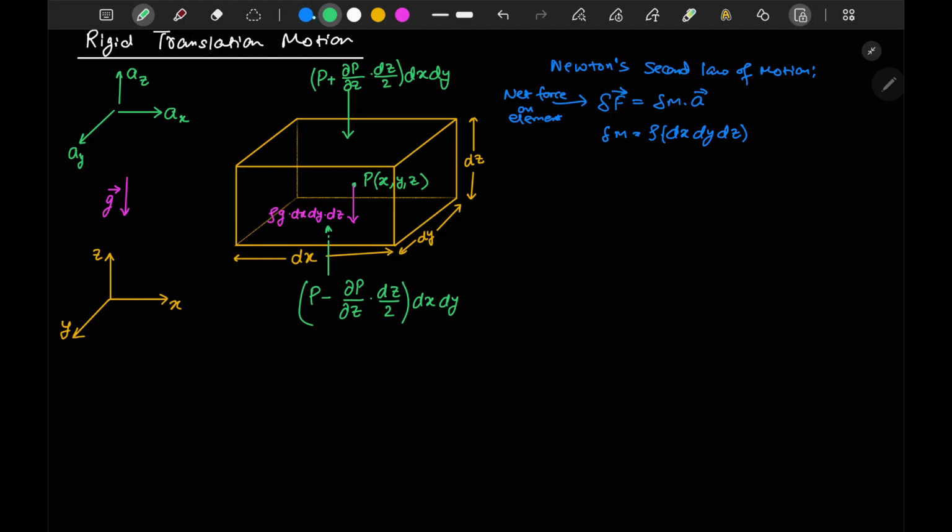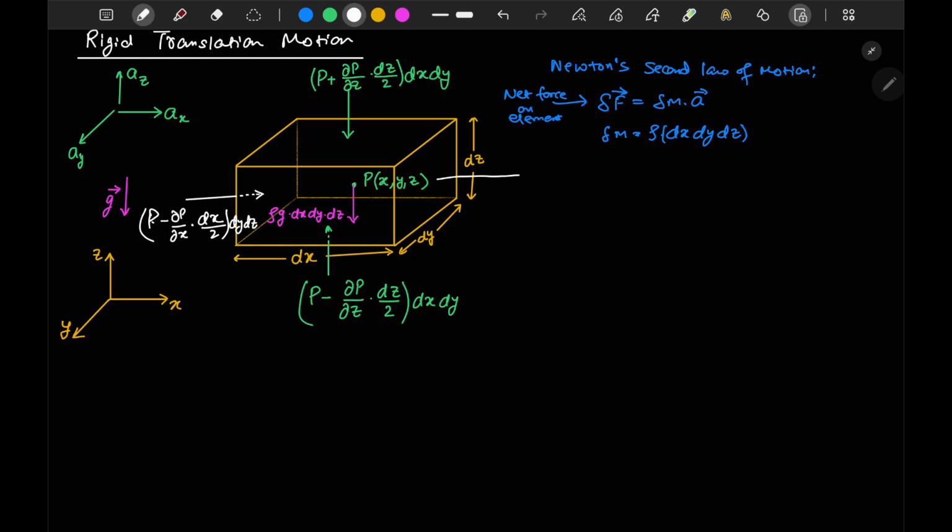Similarly, the force on this surface, we are moving in the minus x direction, so I can write p minus del p by del x times dx by 2, times dy dz.